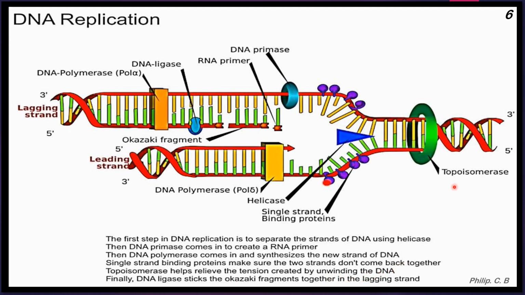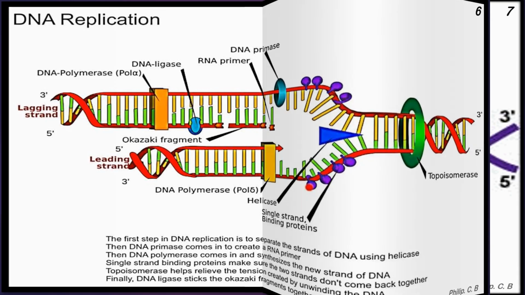So here you can see the topoisomerase which is present relieves the tension which is created when it gets unwound. Finally, DNA ligase sticks the Okazaki fragments together in the lagging strand. So here you can see the Okazaki fragments which are formed in the lagging strand, which come together forming the daughter cells.